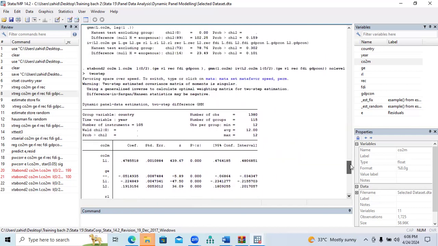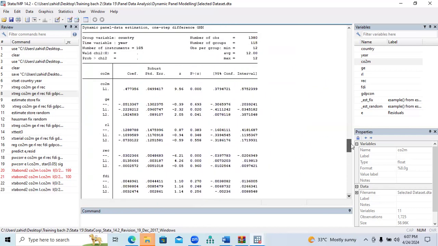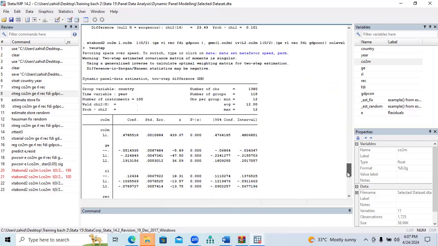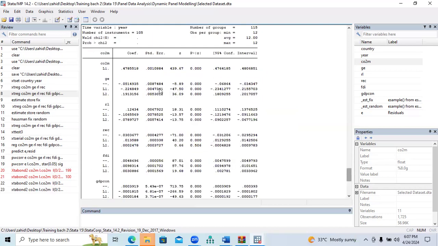If we compare the result with the one step, you can see that GE was not significant at level in case of one-step difference GMM. But in case of two-step difference GMM, it is highly significant, and all other variables are also significant.